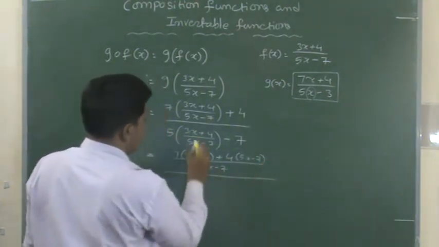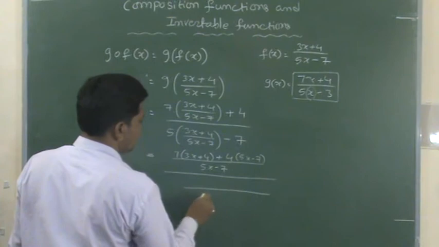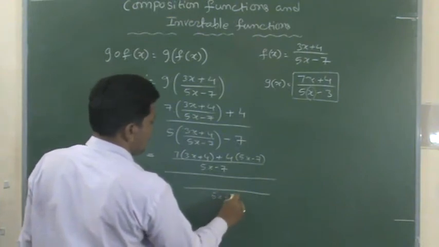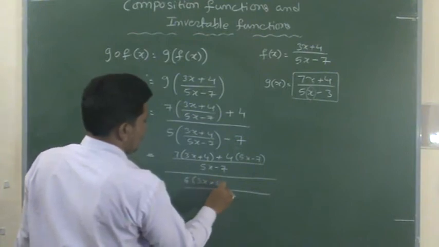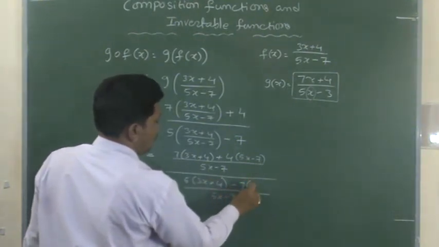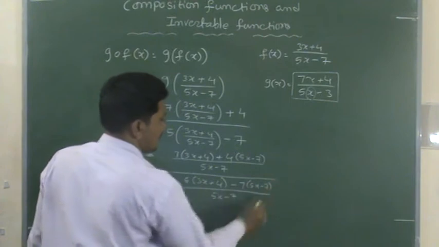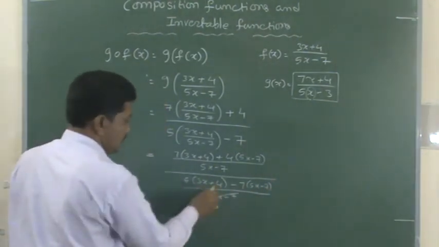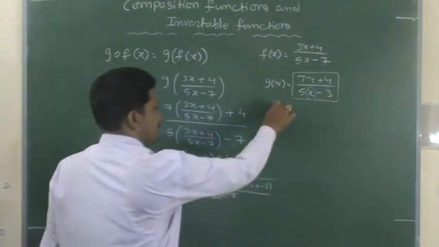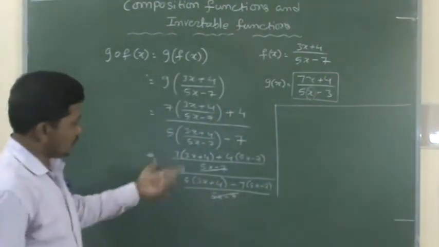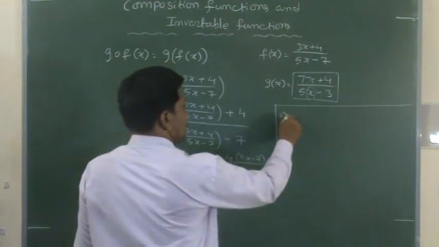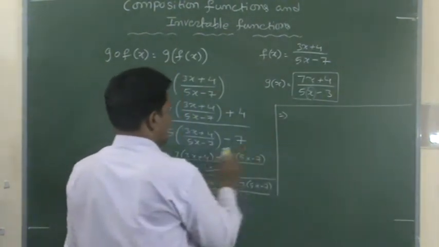In the same manner here, take LCM, 5x minus 7. So this is only simplification. 7 into 5x minus 1. I just take LCM, right? So this one cancels.